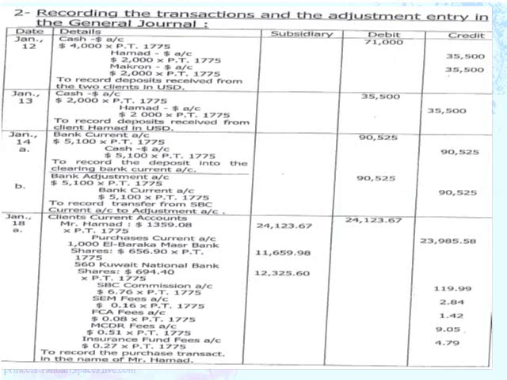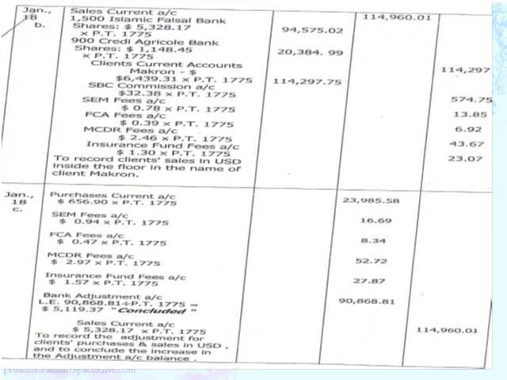In detail, we recorded in the subsidiary column what these purchases are. They were two kinds of shares. Then we have the SBC commission alone. All the fees are credited, and in this way we book the purchases with one entry in the general journal.